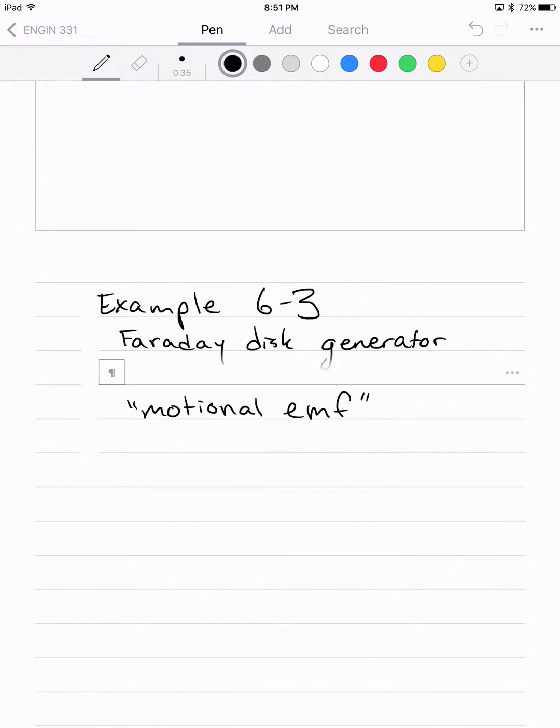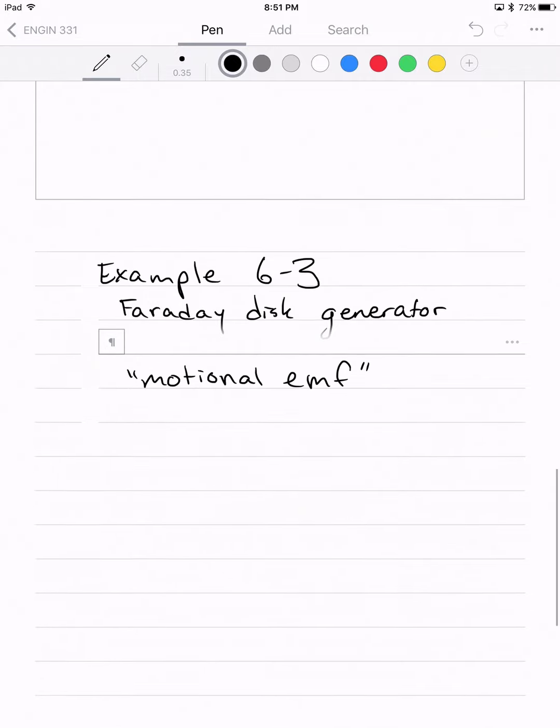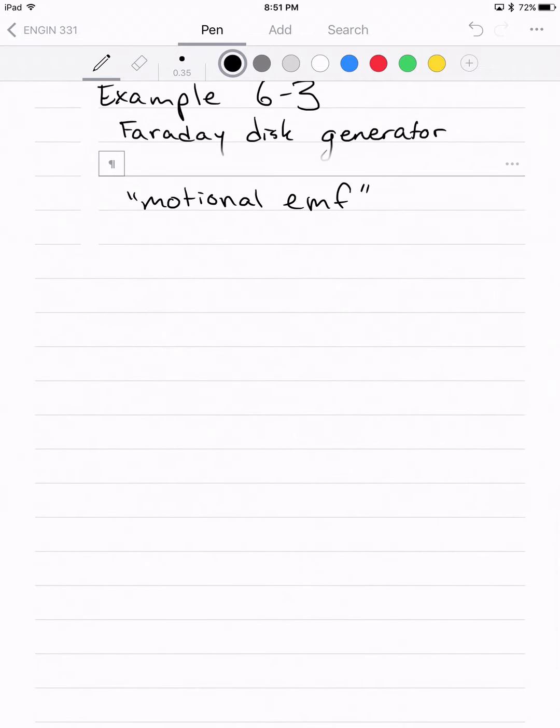However, you still have an induced EMF, and we're going to discuss how that happens. So, first I'm going to tell you about motional EMF in general, and then we're going to come back to this problem, example 6-3.